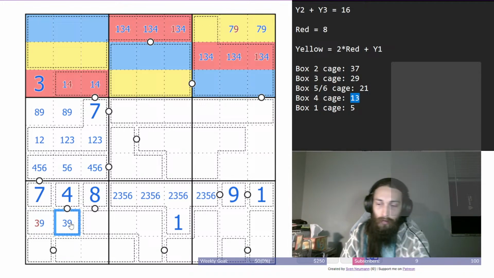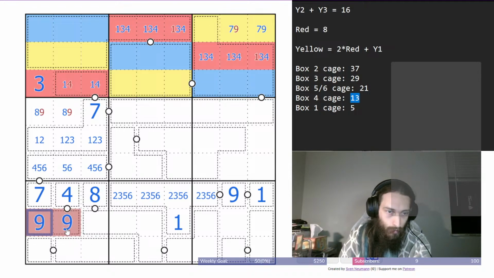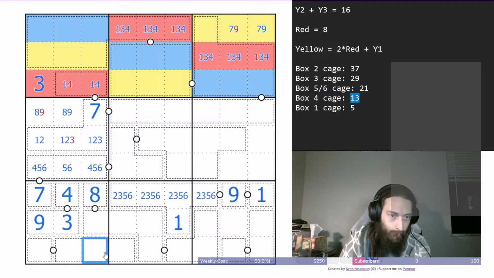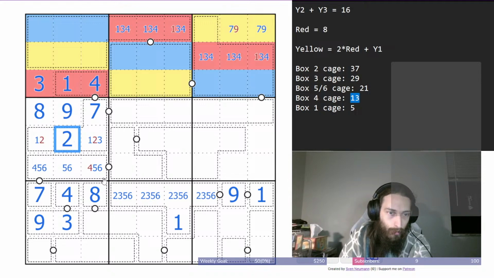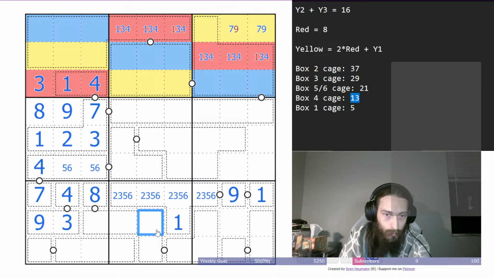That's 9, that's 3. 8, 9, 1, 4, 2. 1, 3, not a 4, so that's a 4. And this is 15.